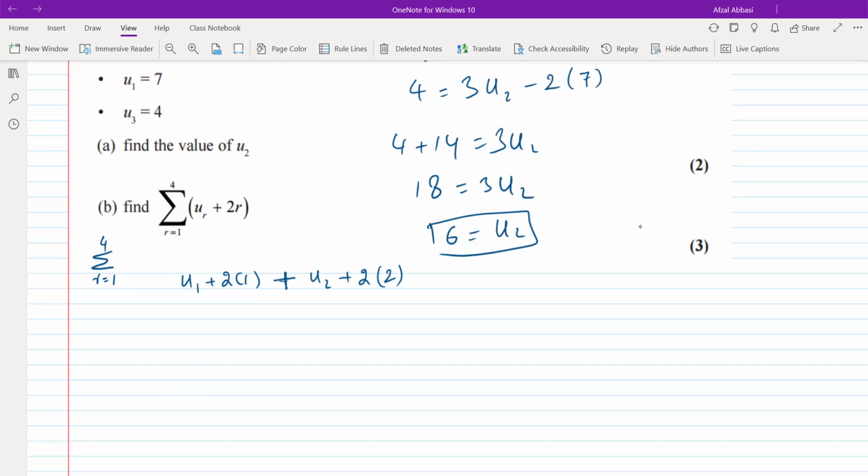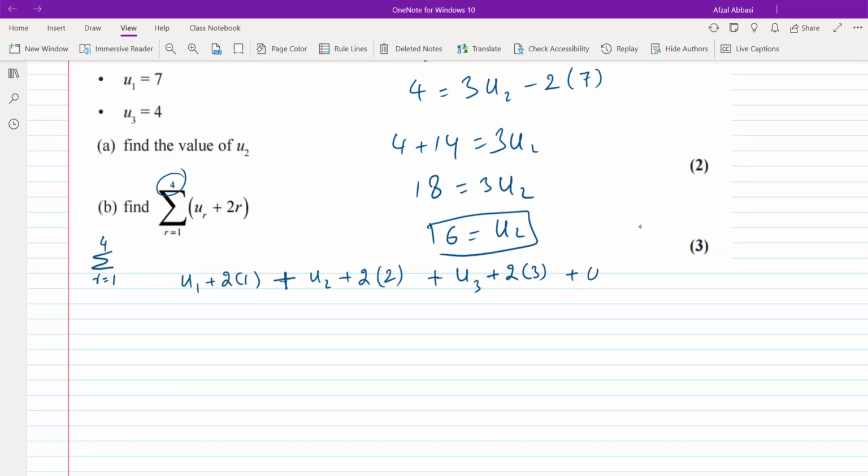Then we have to take r equals 3, but we have to add the next term. So when r is 3, we get u3 plus 2 times 3. In place of r, we are writing 3 everywhere. Lastly, r is 4, because that number tells us that we have to go up to 4. Last value of r will be 4.